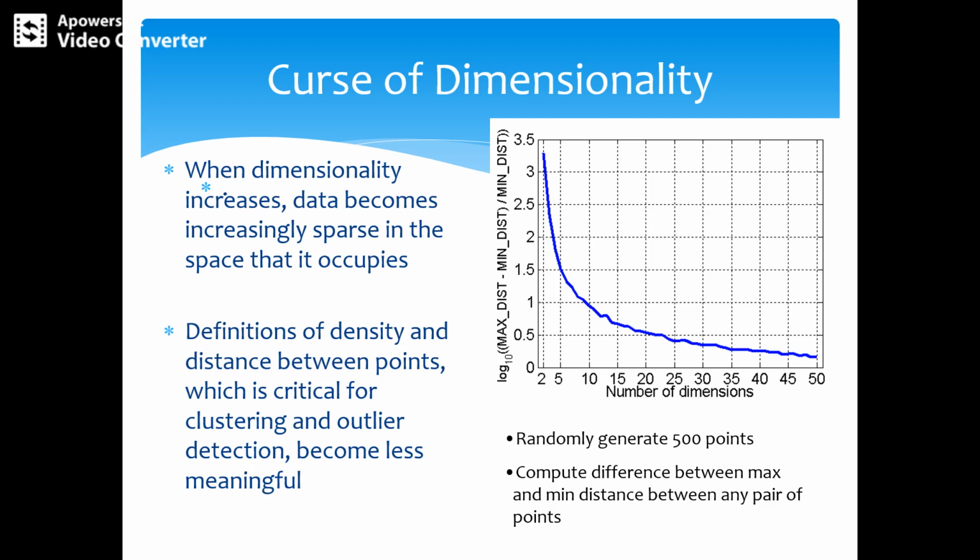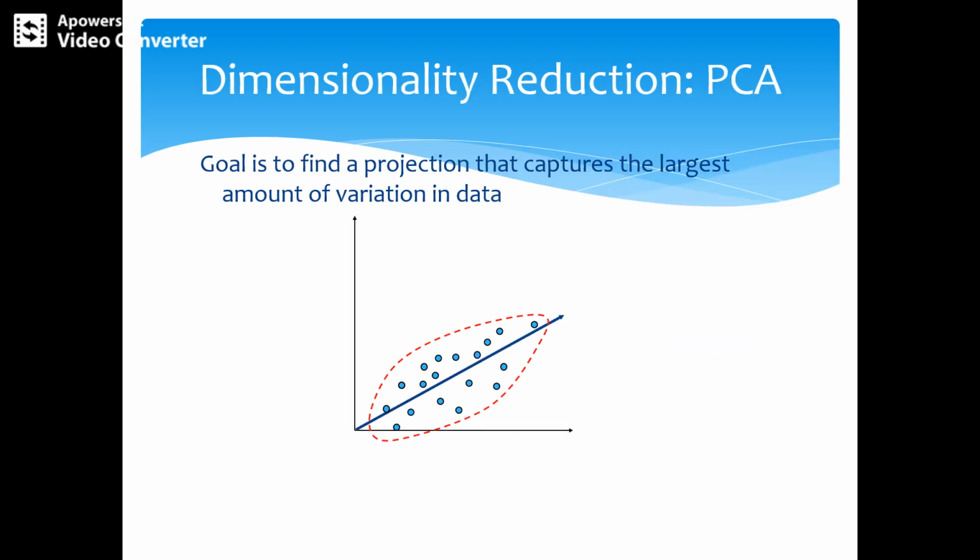Next are the linear algebra techniques of dimensionality reduction. Here we take PCA, principal component analysis, a linear algebra technique for continuous attributes that finds new attributes, which are linear combinations of the original attributes. We take this as an example of dimensionality reduction.